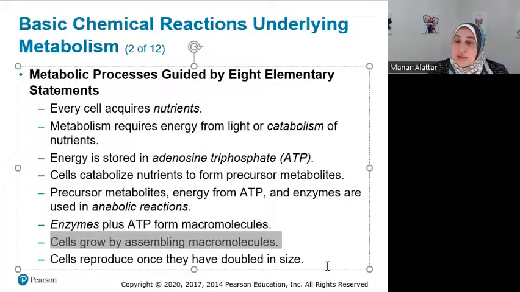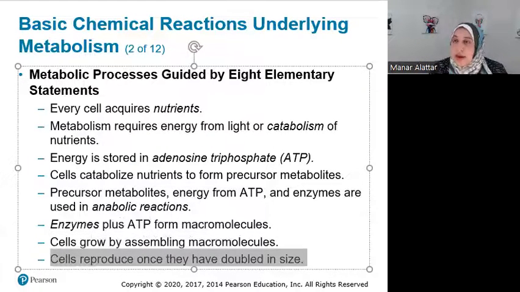Okay? And that's also how we reproduce, because we will need to be able to grow and then move that genetic information on to offspring. Now, at a bacterial level, it's very simple. The cell just grows until it's almost doubled in size and it splits.